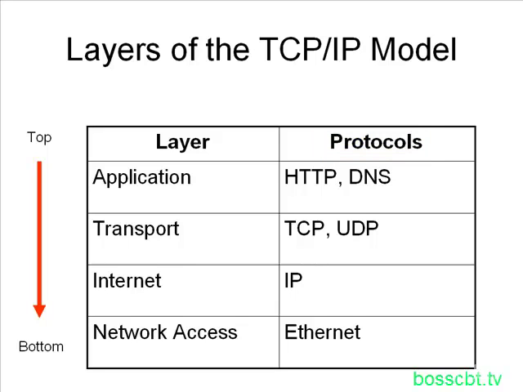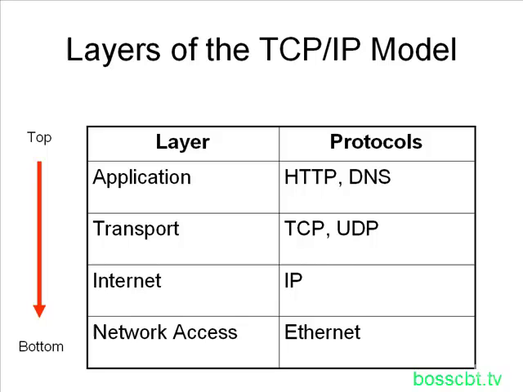At the application layer, we have protocols such as HTTP and DNS, transport is TCP and UDP, the internet layer is IP, and then an example of the network access layer is Ethernet. Okay, so have a general sense of these protocols relating to each one of these particular layers of this model.